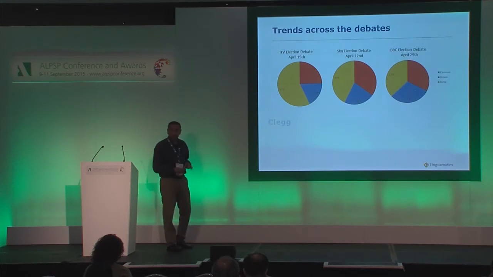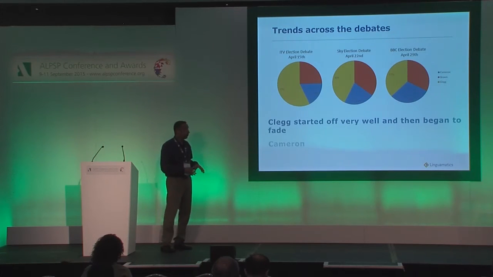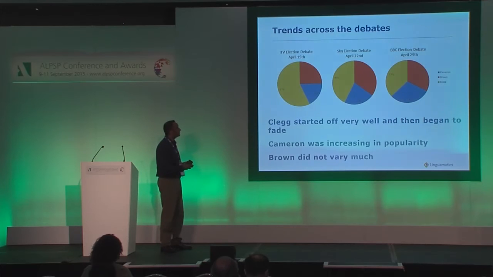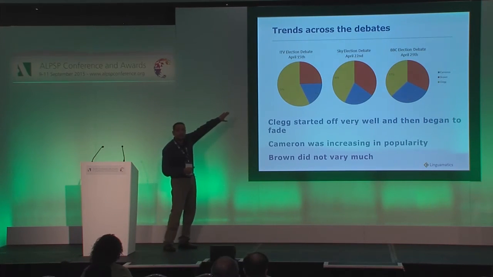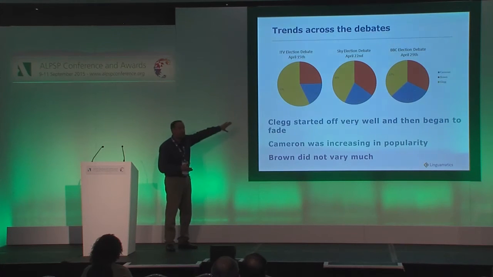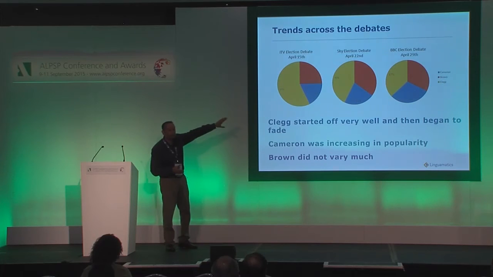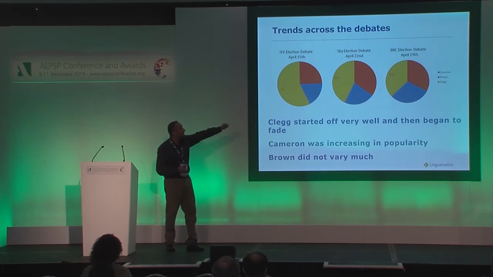And this is the interesting thing, and this is borne out in the actual election results. In the first debate, we had 57% massive, huge positive sentiment towards Nick Clegg, and that gradually went down as we progressed across 2 or 3 weeks of the debates.